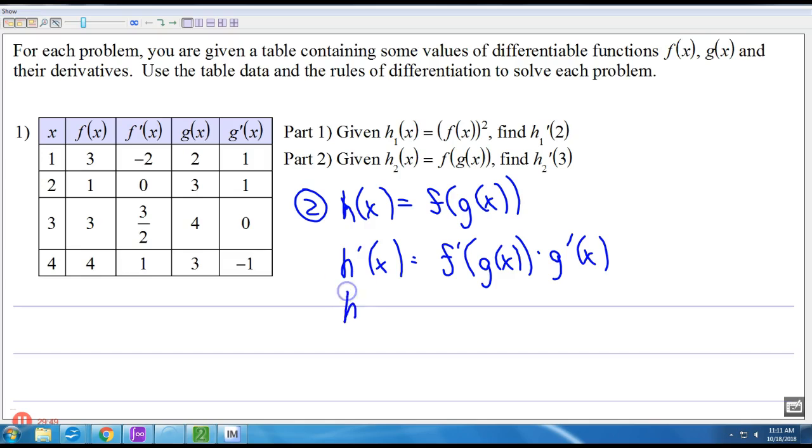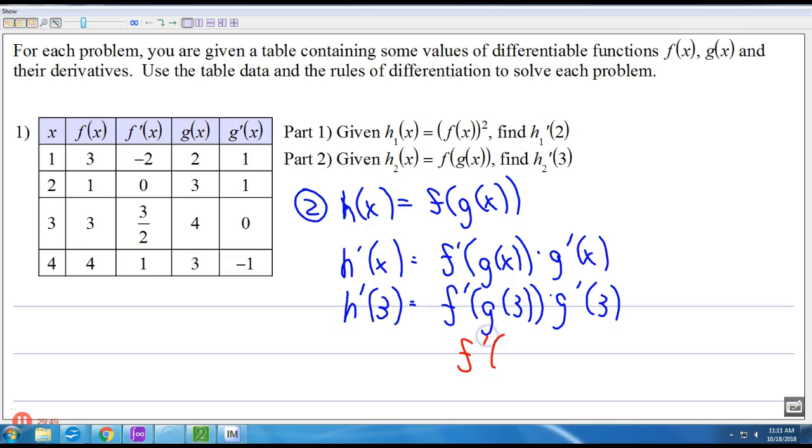And then they want me to plug in, and this one I'm plugging in 3. And this is where we need the composite stuff. So what's g of 3? 4, right? g of 3 is 4. So then they're saying, okay, find f prime of 4.